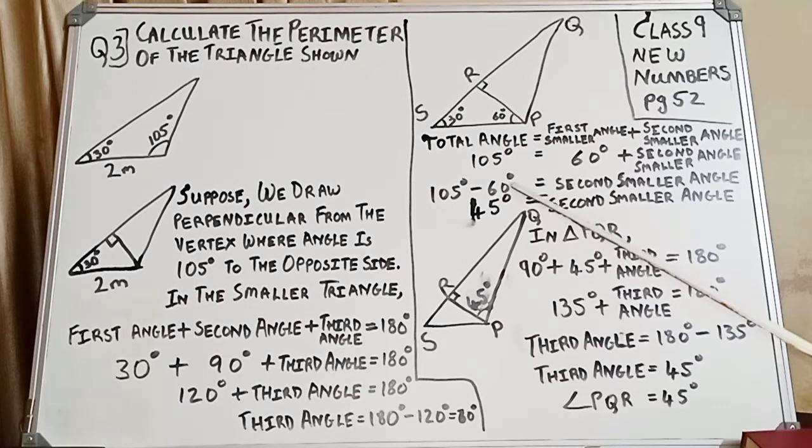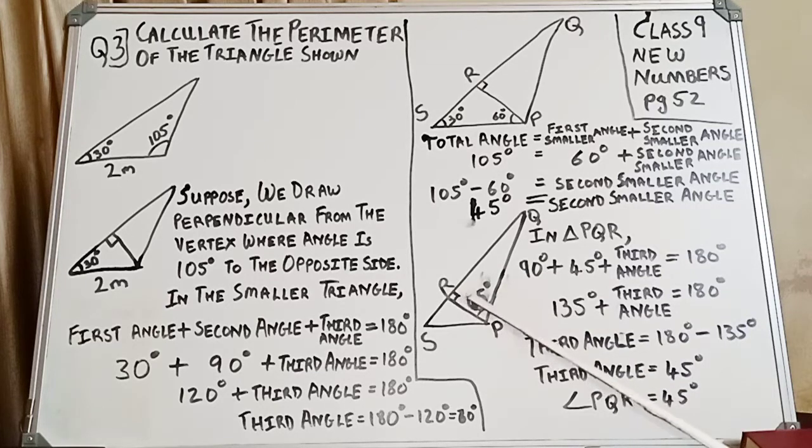So 105 minus 60 degree gives the second smaller angle RPQ, which is 45 degree.